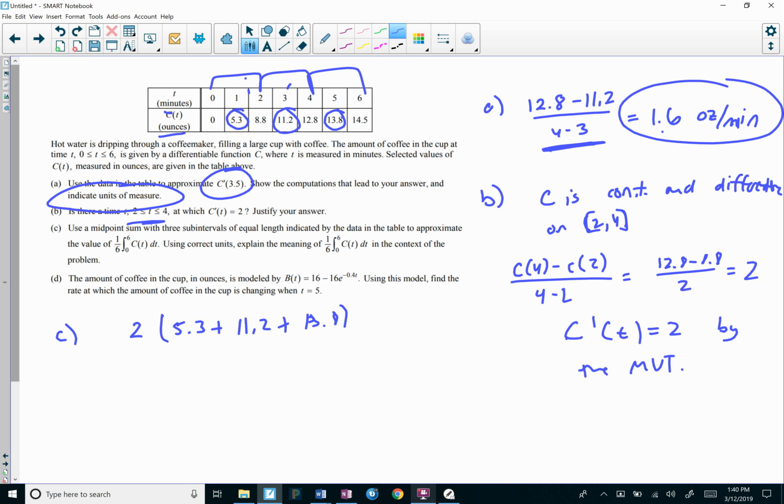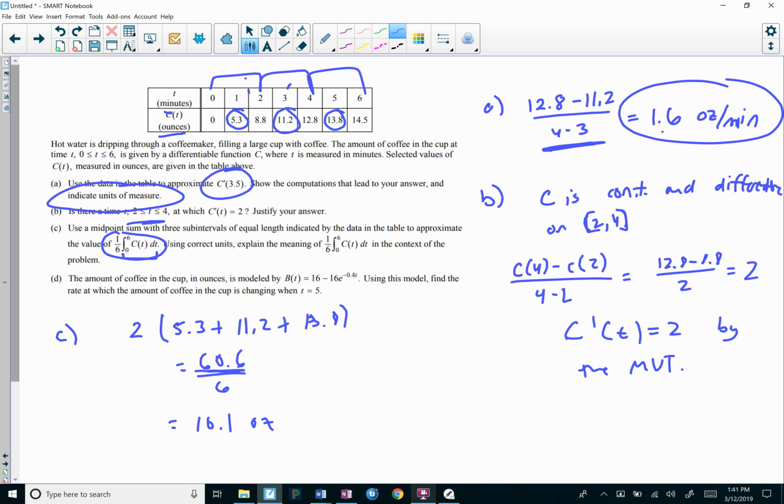You end up getting 60.6 for that, but it says use it to approximate the average. We only found the integral, so you better divide by 6. So you end up getting 10.1 ounces. That will give you 2 points, one for the midpoint sum and one for the actual average.